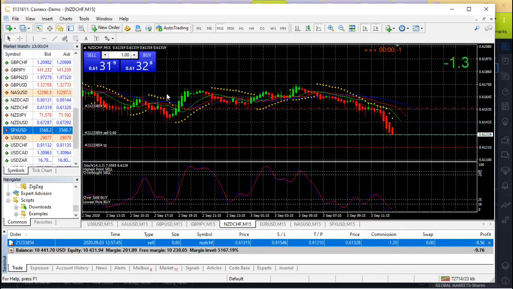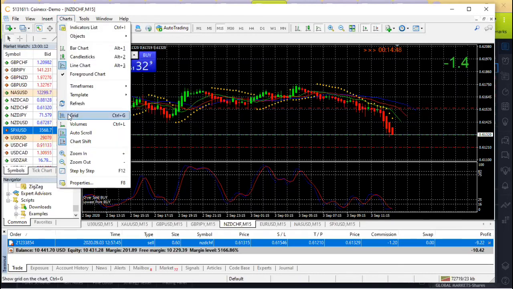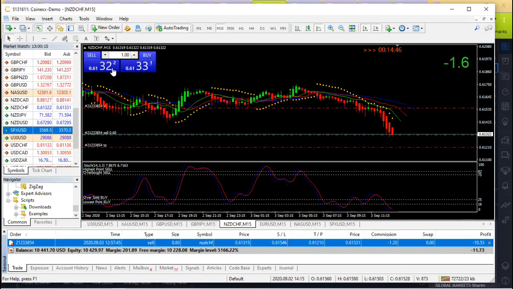Let me go ahead and take the grid back off just to clean it up a little bit so that you guys can see. Until both of those numbers reach that particular spot, it will not activate or close out until both numbers cross that threshold.